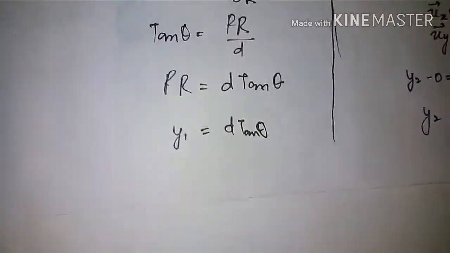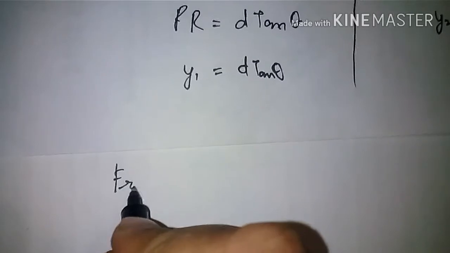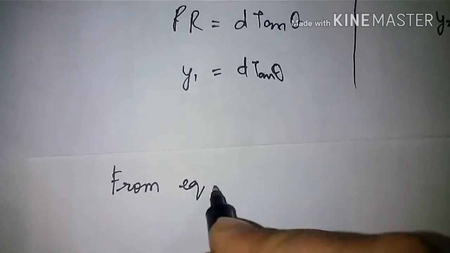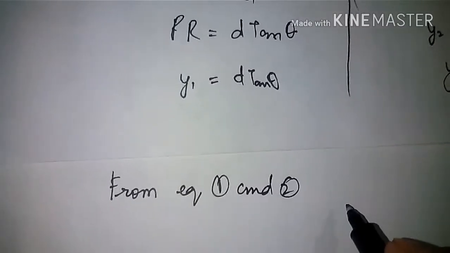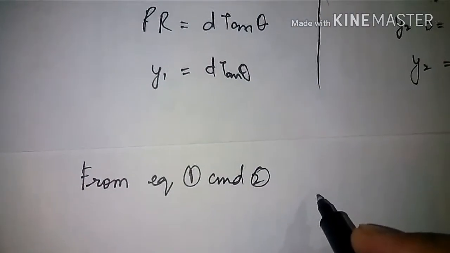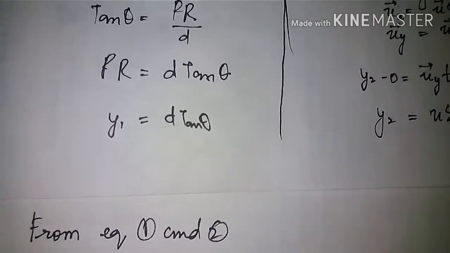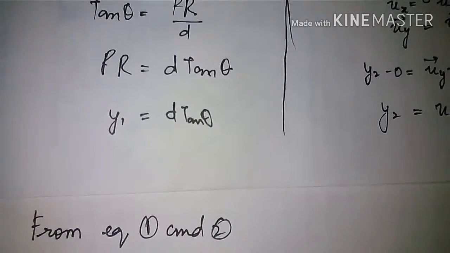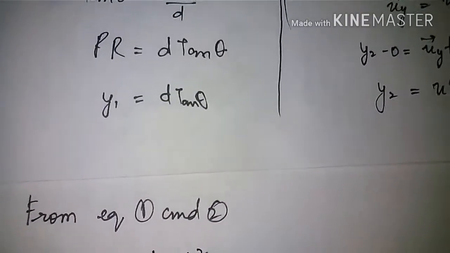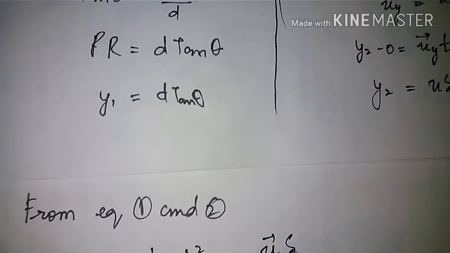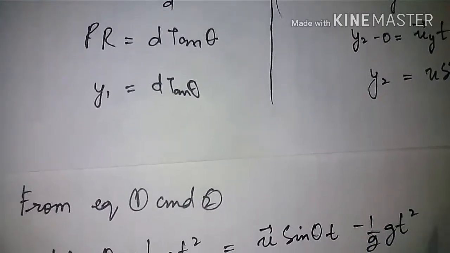From equation 1 and 2, these left hand sides are equal, so the right hand side must also be equal. d tan theta minus half of g t squared should be equal to u sine theta t minus half of g t squared.